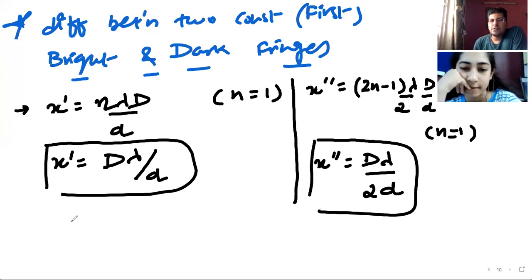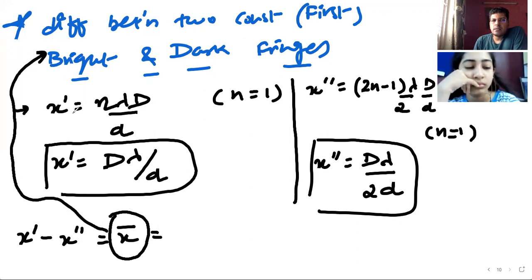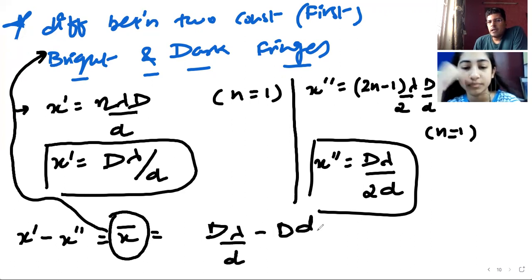Let's name the difference between the two x bar, where x bar is called the distance between the two consecutive fringes. So we will have D lambda by small d minus D lambda by 2 small d.